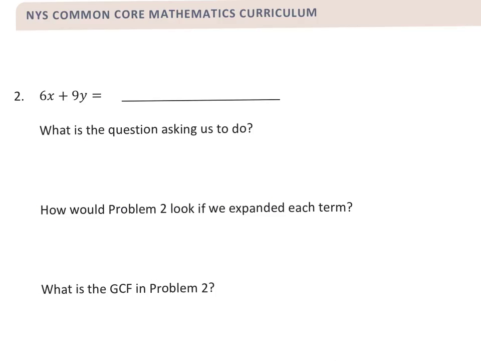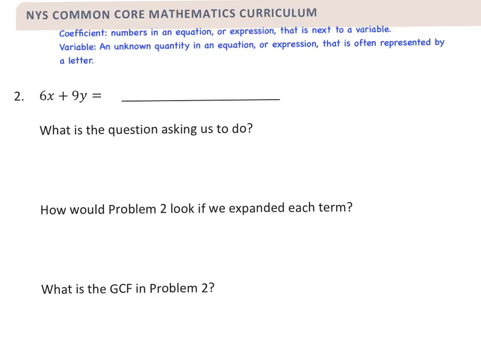So now we're getting involved with these that involve numbers and letters. But in math terms, we don't say letters and numbers. We say coefficients and variables. So the numbers you see are called coefficients. I highly recommend you pause the video and write this stuff down in a journal. The coefficients are the numbers in an equation or an expression that is next to the variable.